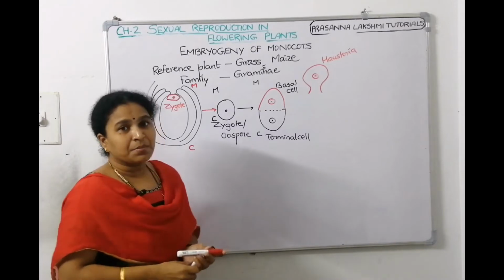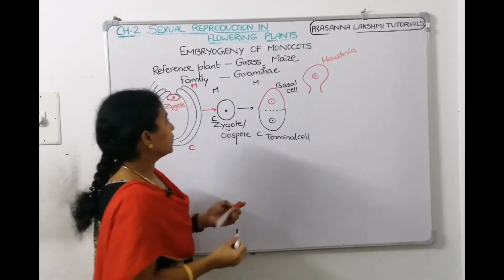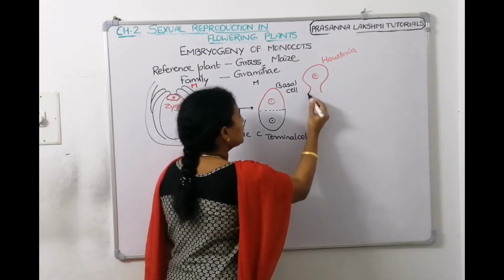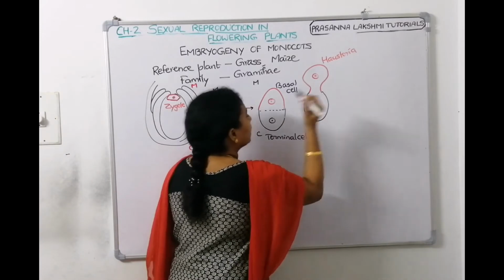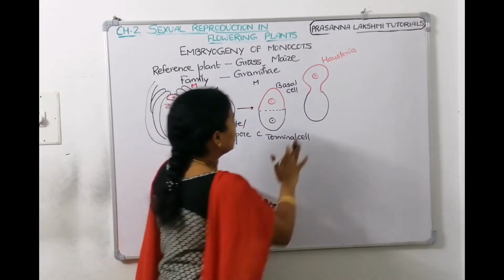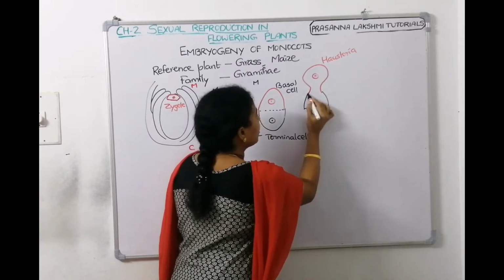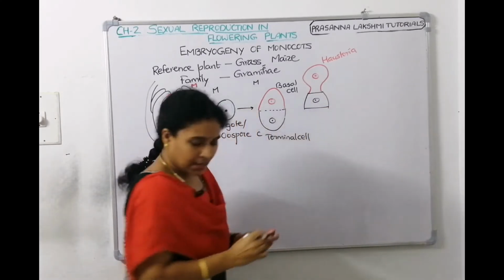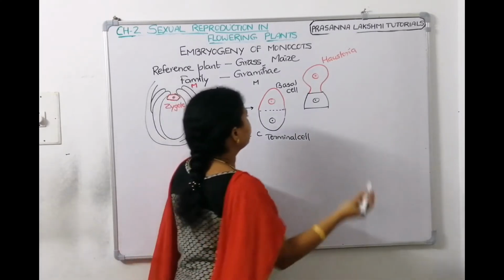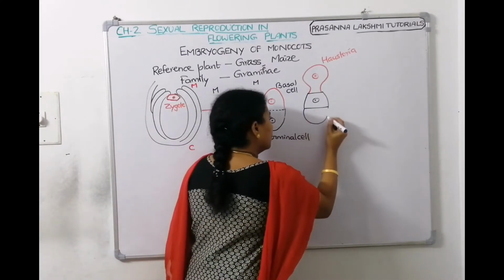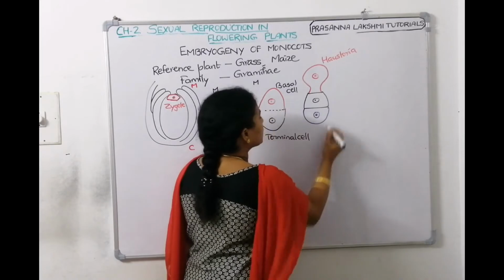Whereas, the terminal cell undergoes one more transverse division to make two cells. The cell in the middle is called the middle cell, and the other cell here is called the top cell.